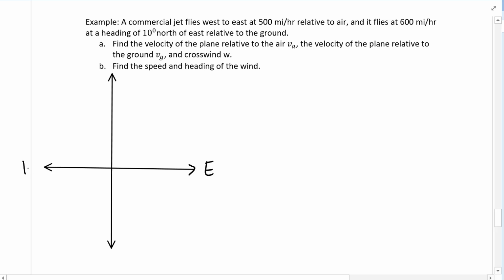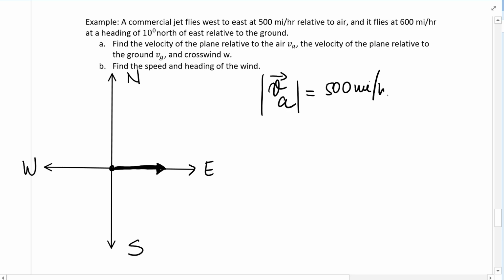So let's say this is east, west, north, and south. It flies west to east at 500 miles per hour. So let's make this relative to air, VA. The magnitude is 500 miles per hour.